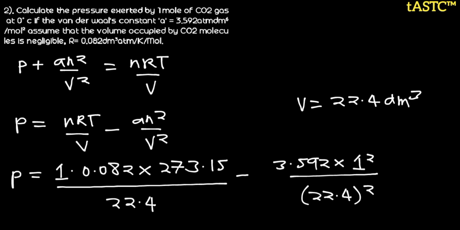So let us find out what that is going to give. That is 1 multiplied by 0.082 multiplied by 273.15, divided by 22.4, minus 3.592 multiplied by 1 squared divided by 22.4 squared.